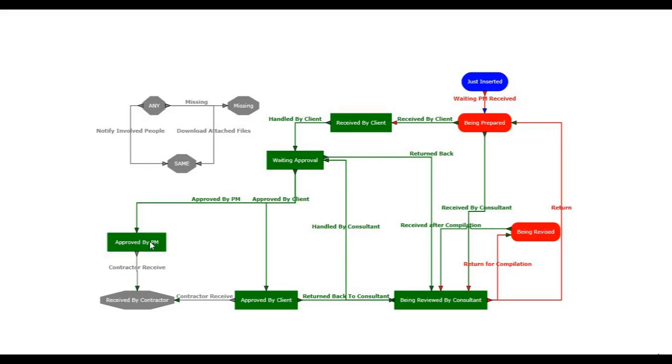So we have the status. From status, we have the two statuses. We have the action taken that will take it from one status to another status. There is an access, meaning who can follow this path, who can take this action. And there is also what you can tell Prosper: what do you want me to do when a person does that?